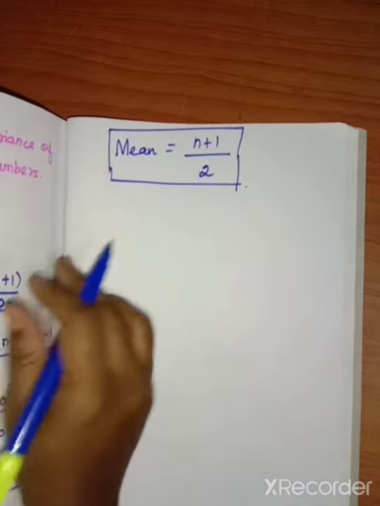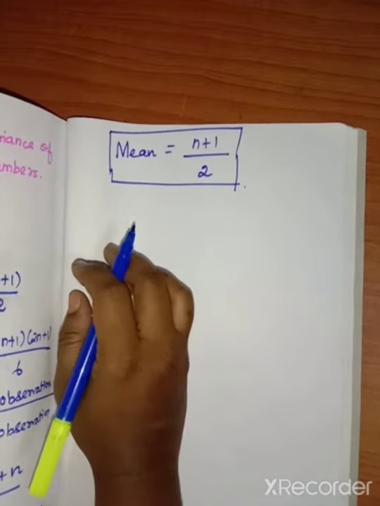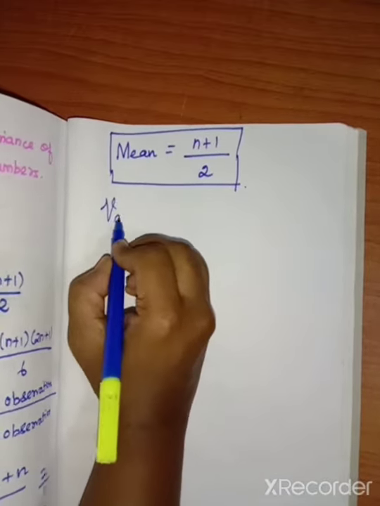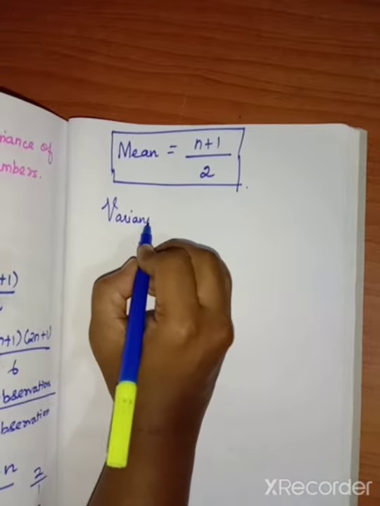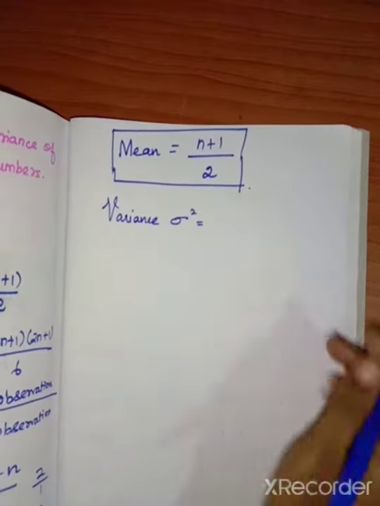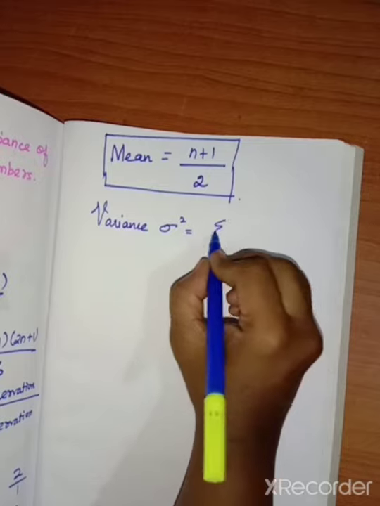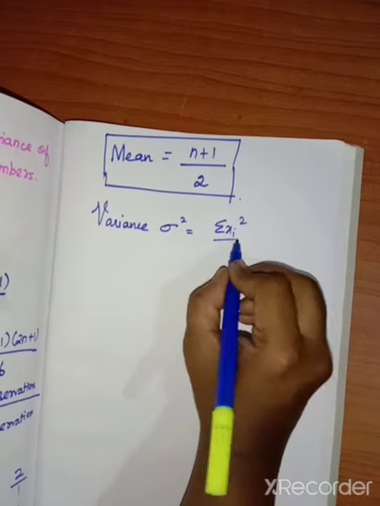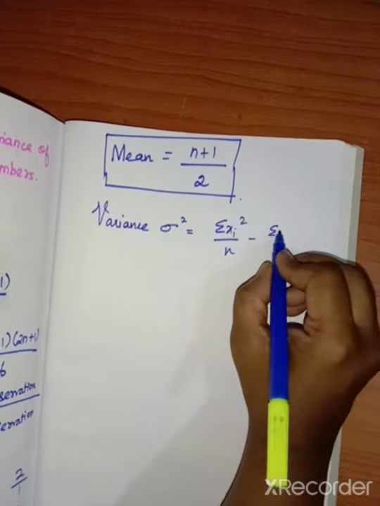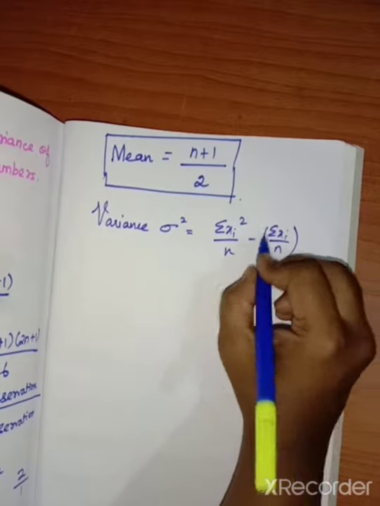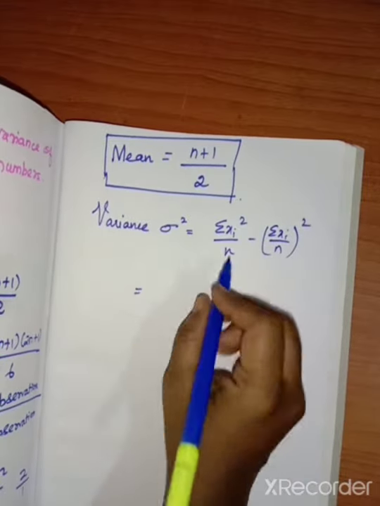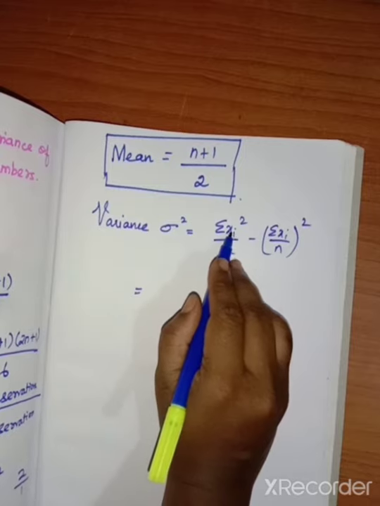Likewise we want to find the variance for the n natural numbers. So variance, that means sigma square, is equal to, we know the formula, summation xi square divided by n minus summation xi by n the whole squared. So for the n natural numbers, the square term is there.